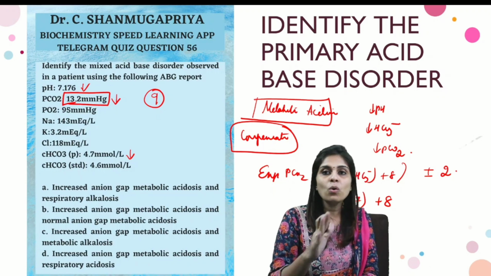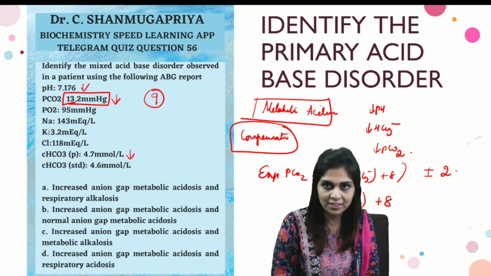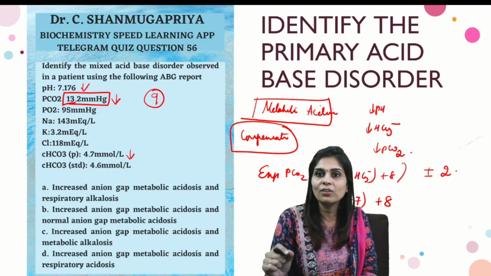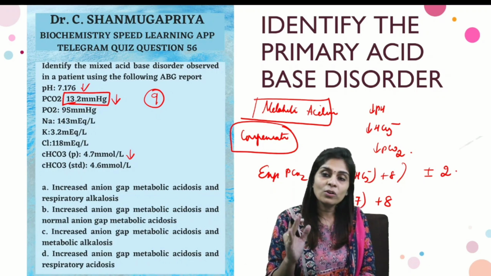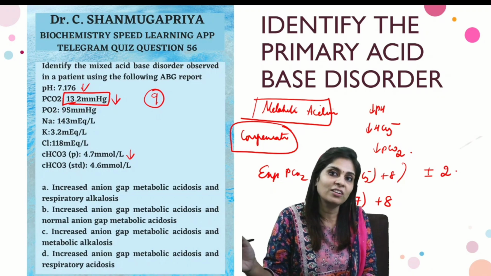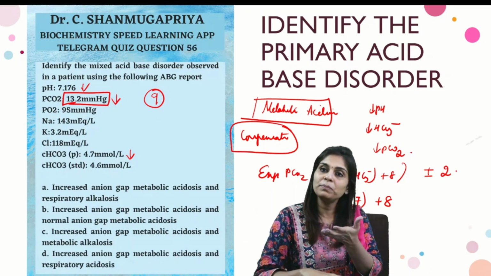Please understand, overcompensation is never the case in human body homeostasis. When your body tries to compensate, it's either undercompensation or compensation. Overcompensation is never a case. So if you see an overcompensated condition, it means there is a hidden mixed acid-base disorder. Now, which acid-base disorder do you think can cause a further drop in PCO2?